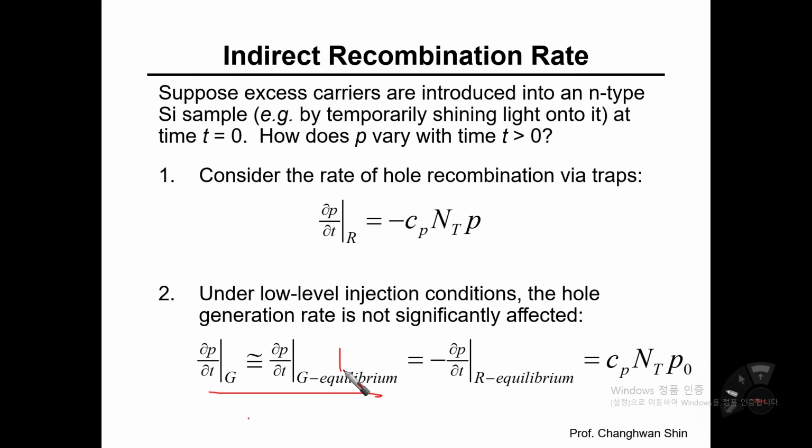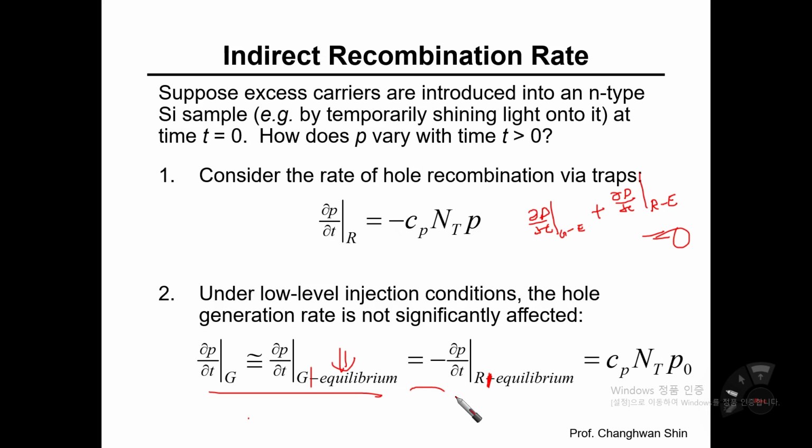Because at equilibrium state, generation happens, and on the other side, recombination always happens. So ∂p/∂t|G at equilibrium plus ∂p/∂t|R at equilibrium should be well balanced.